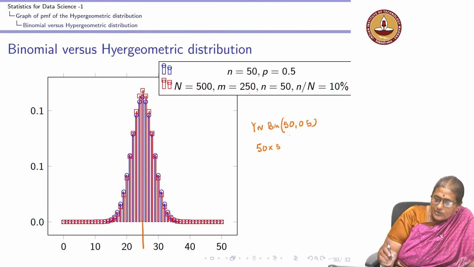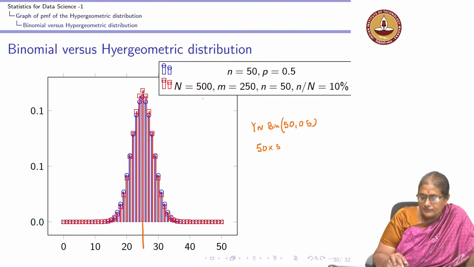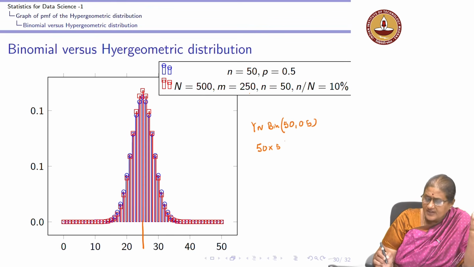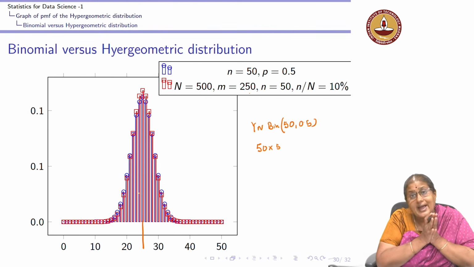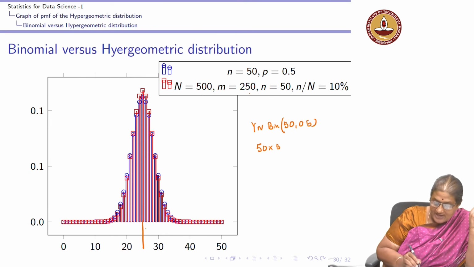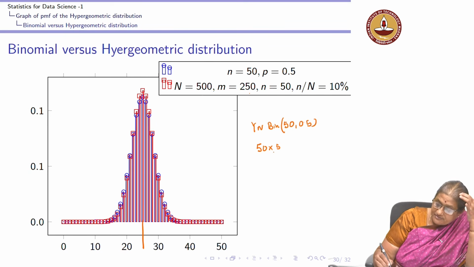Again, my n into m by N is going to be 50 into 250 by 500. It's the same. The mean for both my hypergeometric and my binomial distributions is the same, which is n equal to 50 times m by N, which is 250 by 500, nothing but 0.5.